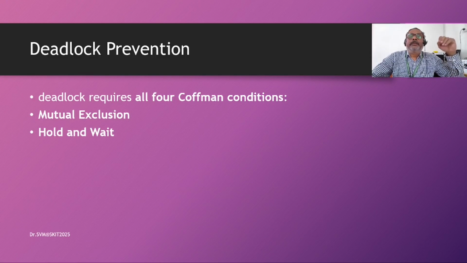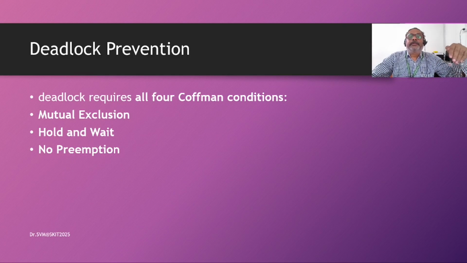That means we are allowing the processes to hold some resources and wait for the resources that are not currently available. So that is another reason why deadlock can happen. And the third one is no preemption. That means the resources held by any process are not released until that process completes its job.